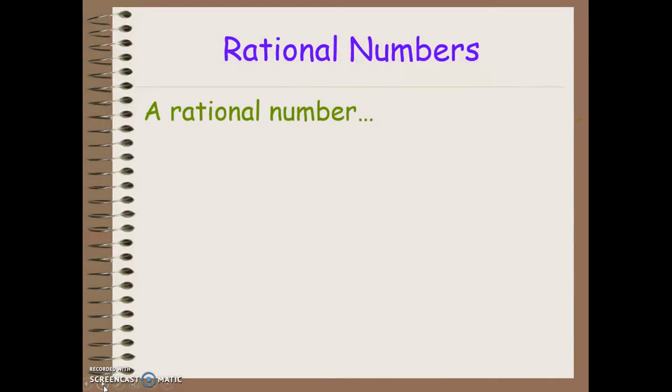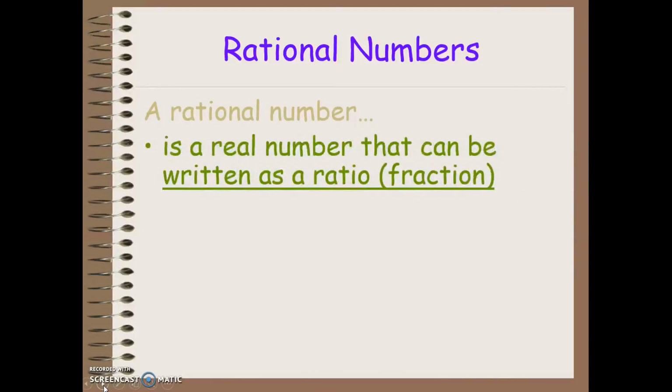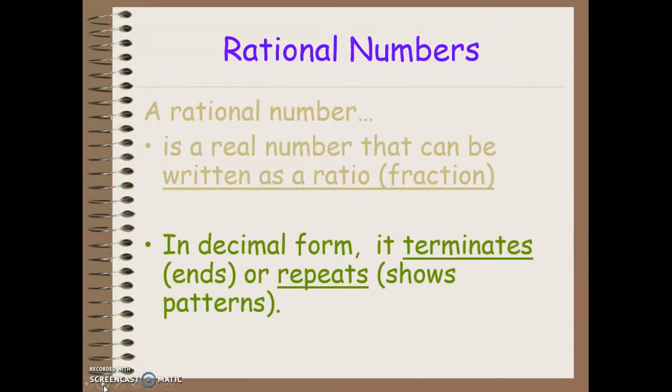Rational numbers. A rational number is a real number that can be written as a ratio or a fraction. In decimal form, it terminates, it ends, or it repeats, which means it shows a pattern.